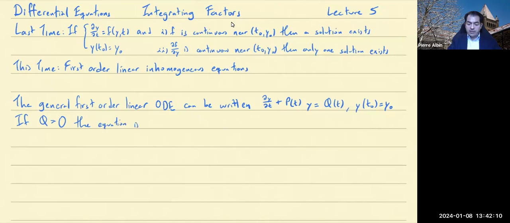the equation is called homogeneous. And otherwise, it is non-homogeneous or inhomogeneous.